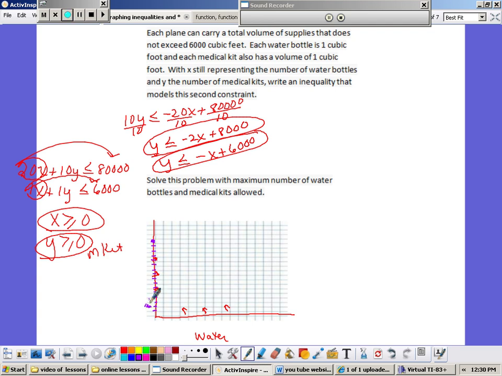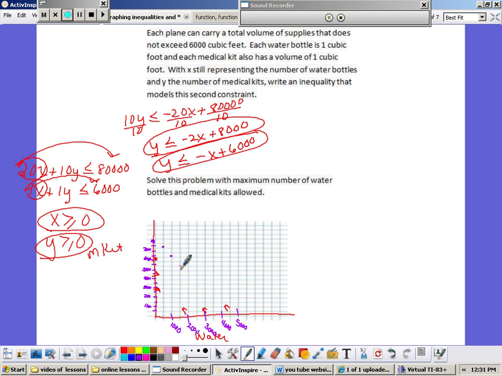So this is 1,000, 2,000, 3,000, 4,000, 5,000, 6,000, 7,000. Okay, I'm going to go down 2 and over 1. If I count by 500s this way, I'm going to count by 500s this way too.